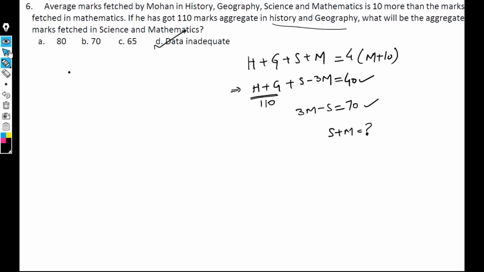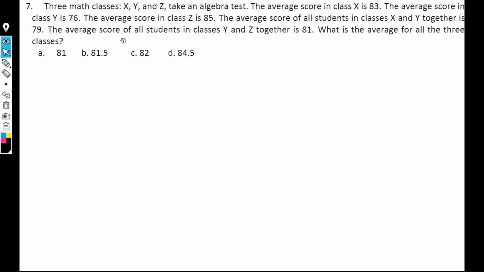Because he is asking for the exact value, you just cannot calculate. Soumya Mishra, what happened? Okay, good. Okay, guys, be quick.